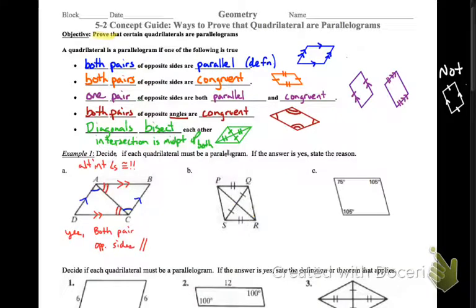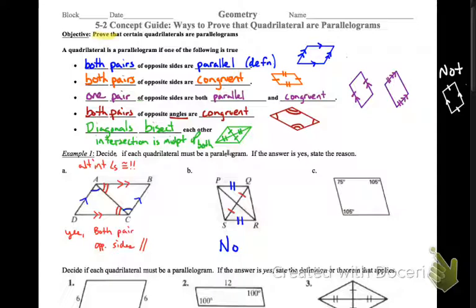Nope. We don't have a parallelogram there. We need more information for that. If we knew that this other diagonal was bisected as well, or if we knew that these sides were parallel as well, or we knew that segment PS was congruent with segment QR, then we would know, but we don't know any of those things.